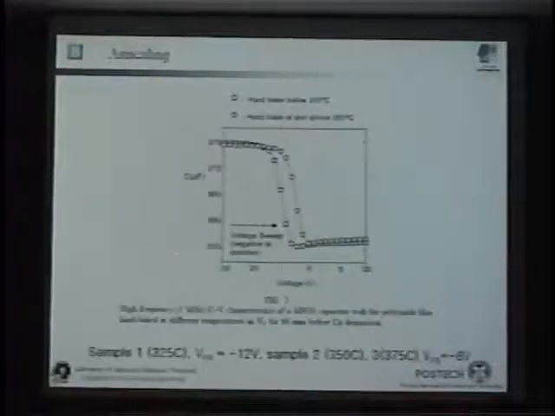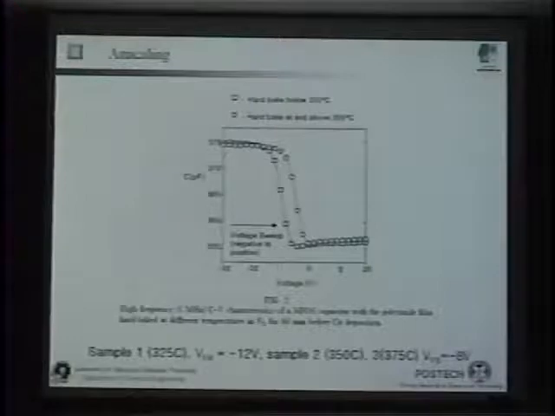In this experiment, they annealed the film. They compared a film annealed below 350 degrees and a film annealed above 350 degrees. As you notice, there is some difference between this one and this one. The voltage shifted from the negative to the positive direction. The flat band voltage shift is about -8 to -12 volts.